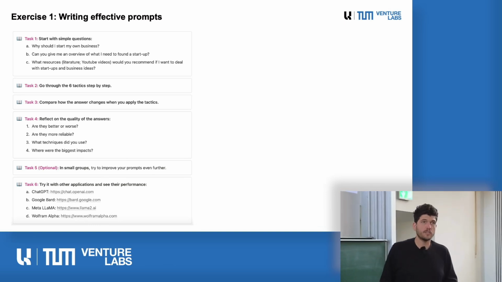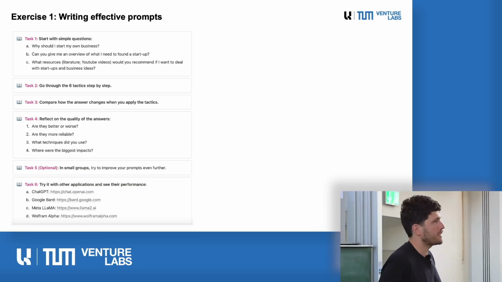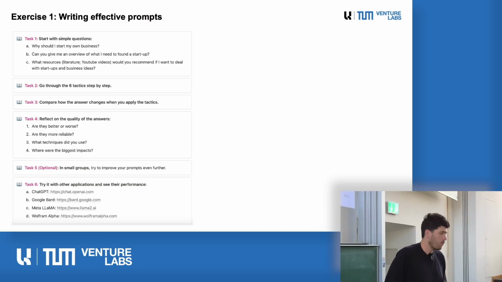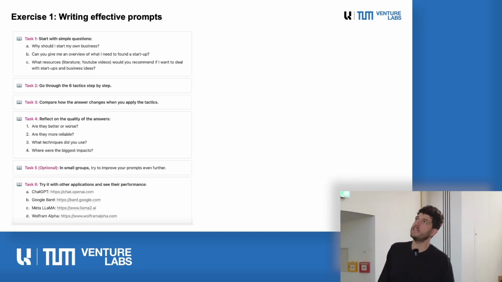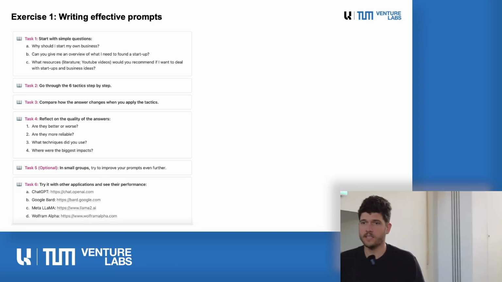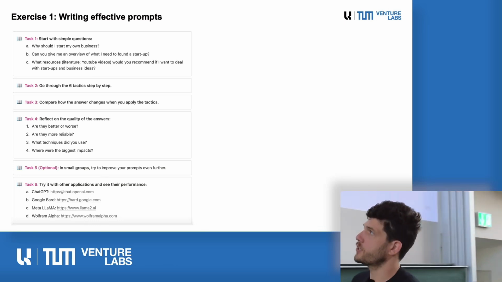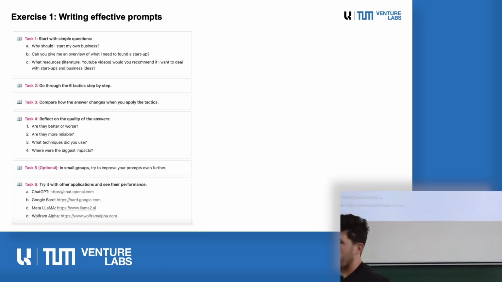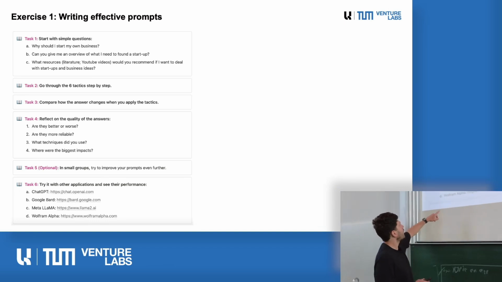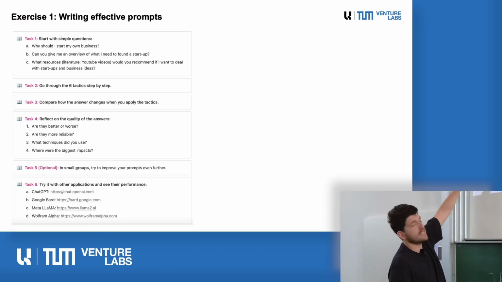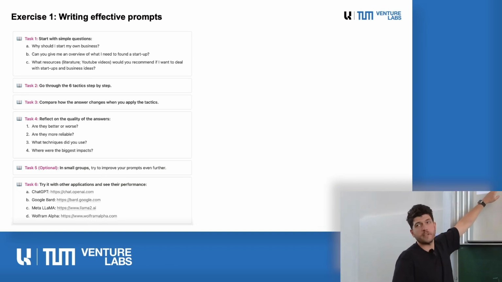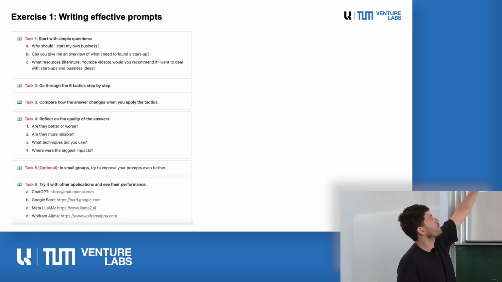Are there first any questions about everything that has been covered? One thing in this exercise, which I would also encourage you very much to try out, is to try those basic techniques on different kinds of AI systems. Of course you know ChatGPT, you know Google Bard, which is now Gemini, gemini.google.com.